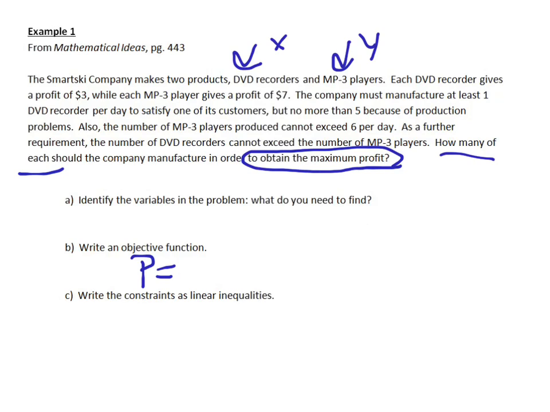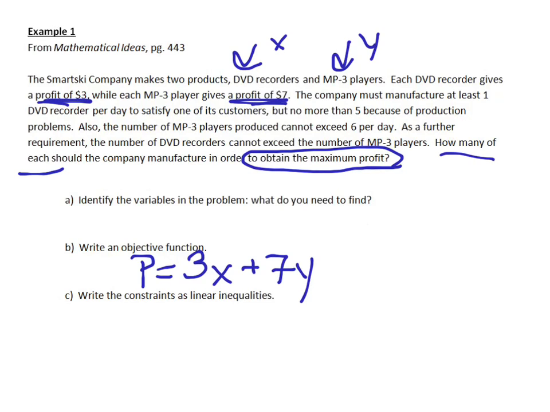All right, so we know that profit is a combination of the money that's made from each of these 2 items, and we're told that DVD recorders give a profit of $3, MP3 players give a profit of $7. So your profit would be 3x, $3 times each of the DVD recorders, plus 7y, $7 from each of the MP3 players.